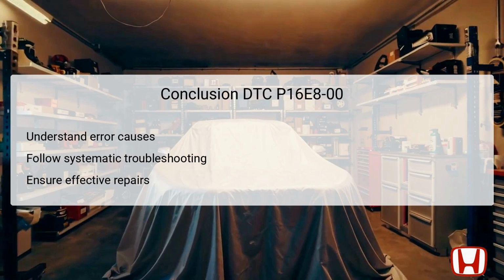The systematic troubleshooting steps provide a structured approach to diagnosing and repairing the issues identified, ensuring that technicians can accurately target the underlying cause. Proper repairs and preventive maintenance practices will further enhance vehicle reliability and performance. Regularly monitoring vehicle systems can prevent the reoccurrence of such issues, allowing drivers to enjoy a smoother, more efficient driving experience.